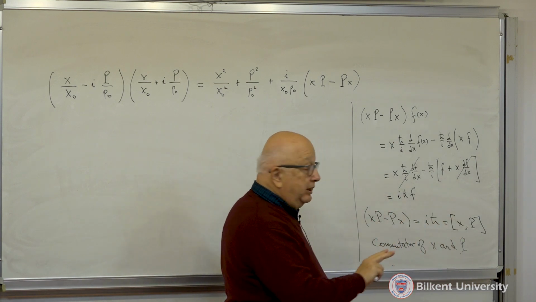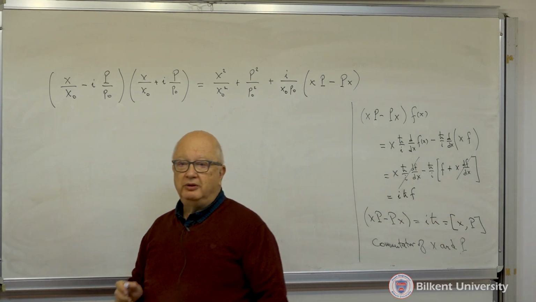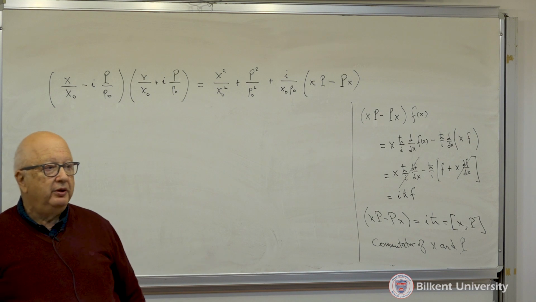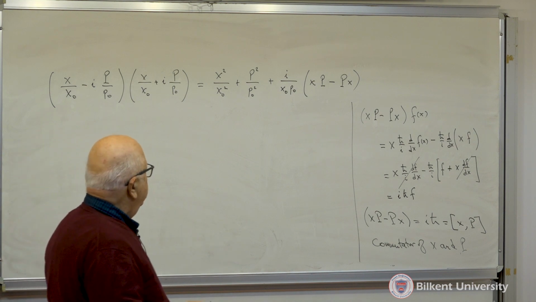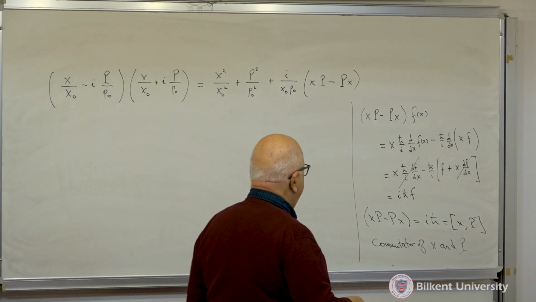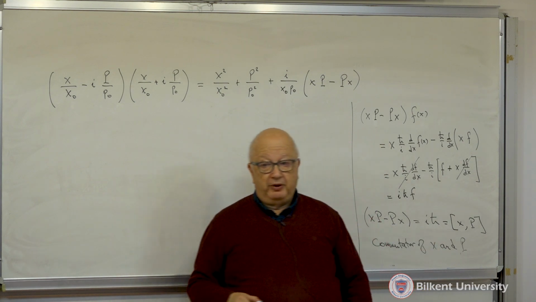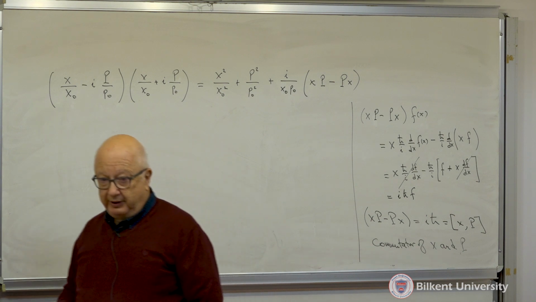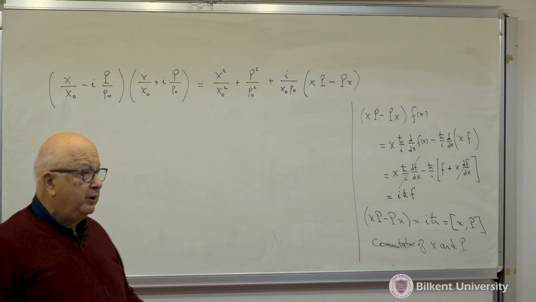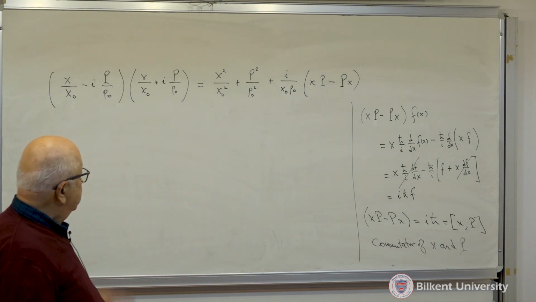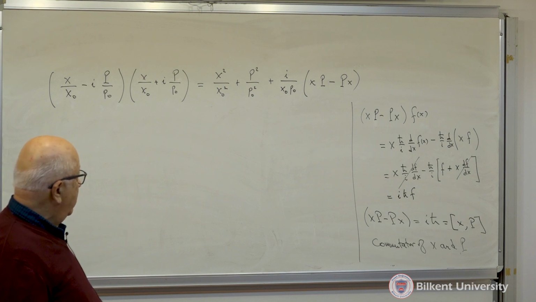So x and p do not commute. That's our terminology. xp is not equal to px. There's a difference between them equal to i h bar. Commutators are very important. We'll see how they come up when we look at this more formally.